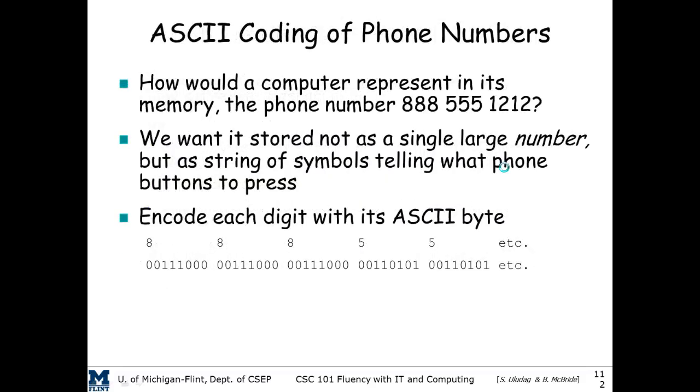A very important concept to explain at this point is that when we are encoding information, especially numeric information, there are two different ways that we can represent something like a telephone number. In this example, we've got the telephone number 888-555-1212.